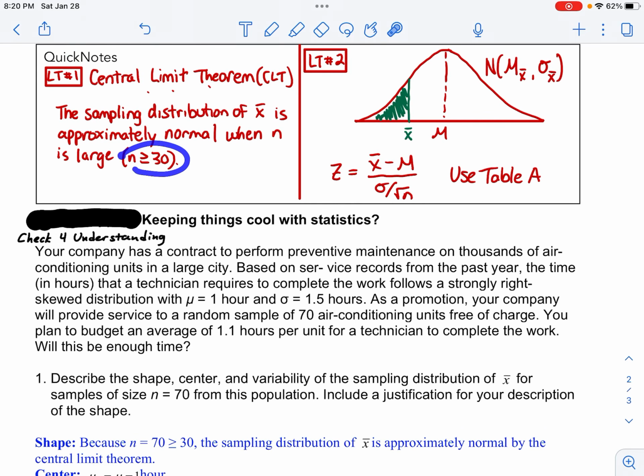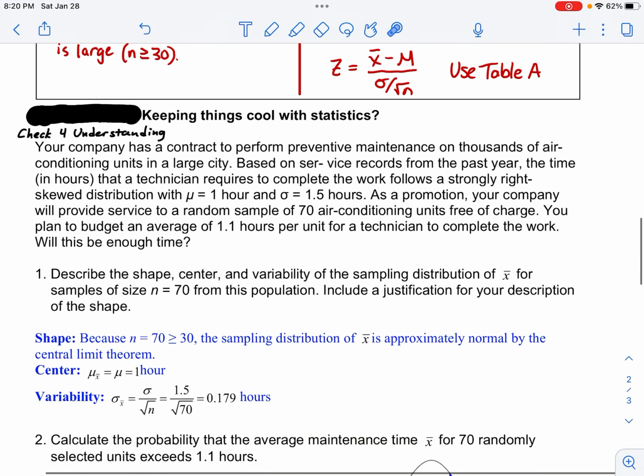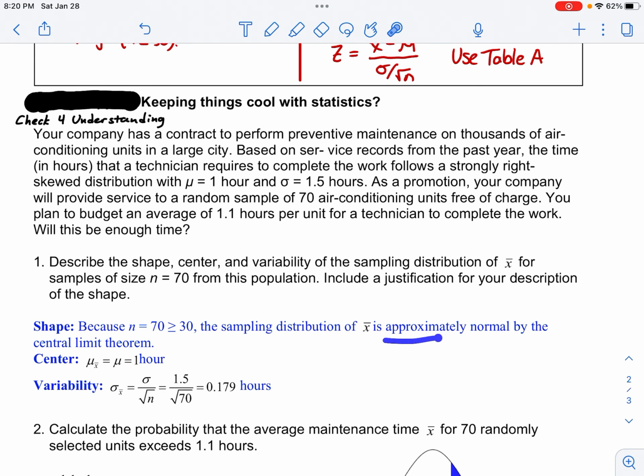As long as your sample size is greater than or equal to 30, which it is because it's 70, you can confidently say that it is approximately normal. Even though they didn't say the population was approximately normal anywhere up here and you don't have a plot of it, it doesn't matter as long as the central limit theorem is satisfied.